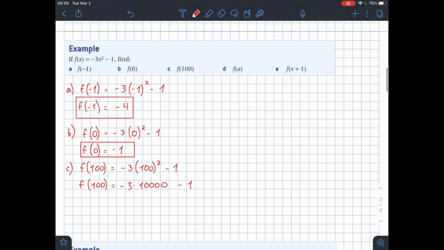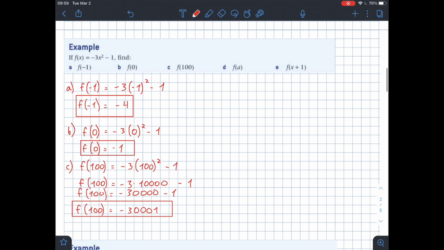So this is equal to negative 30,000 minus 1. So we're going to get that f of 100 is equal to negative 30,001. This is the value of f of 100.